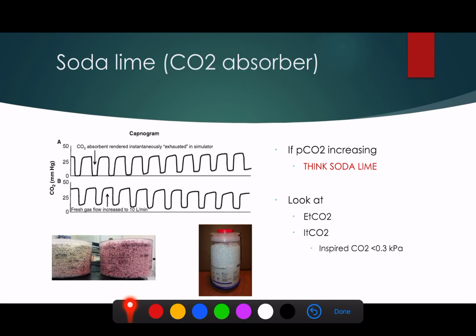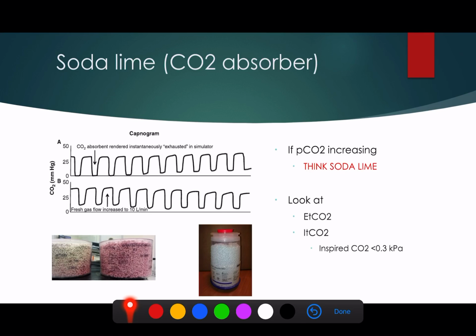Now, we talked about the circle system as a way of rebreathing the same air to try and be as efficient as possible with the volatile anaesthetic agents that we're using. So you'll see these things here. This is called Sodalime. It's either white or pink, depending on the brand that you're using. The gas that the patient breathes out will come in, move around here, and then come out again.